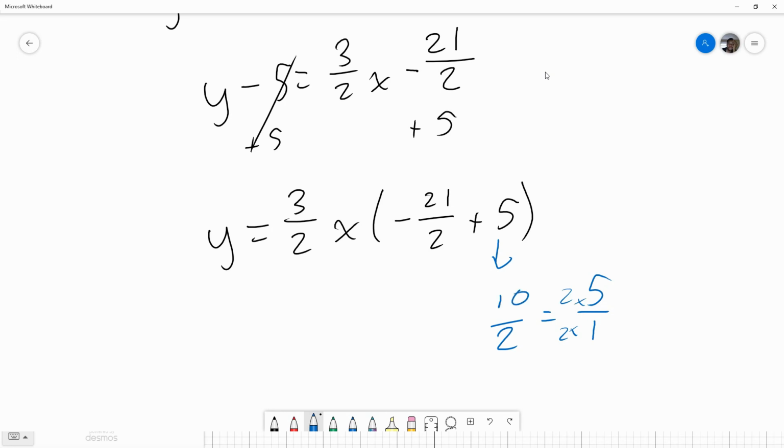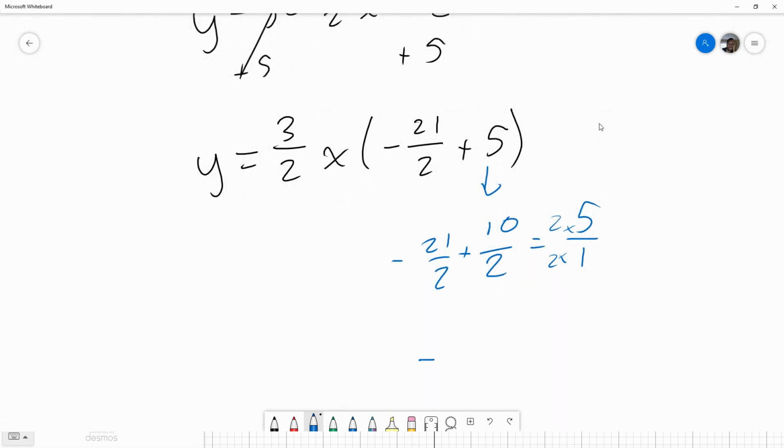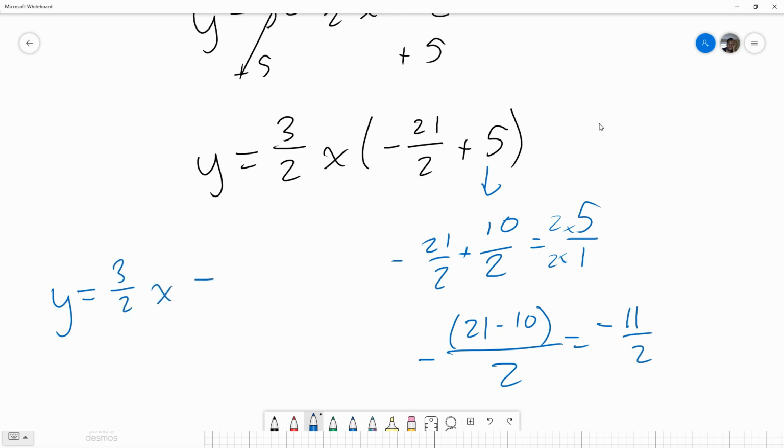So 5 is the same thing as 10/2. And I'm adding that to negative 21/2. My bigger number is 21, so I keep the negative sign and do big minus small. And I'll have negative 11/2, which means my equation becomes y equals 3/2 x minus 11/2.